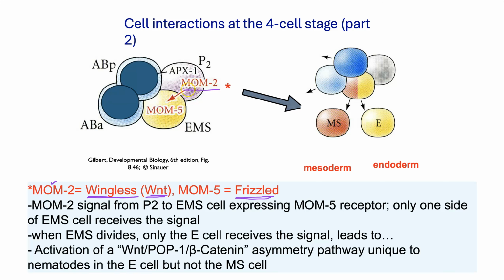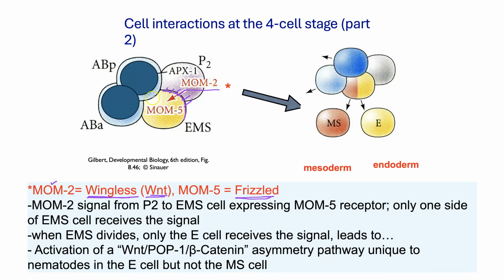And so there's a MOM2 signal, a short-range diffusible signal. MOM5 is the receptor for that, Frizzled. And when the EMS cell receives the signal from P2, there's strong signal close by. It's short range. It doesn't travel all over the place.